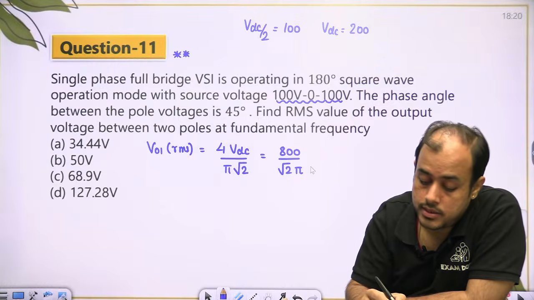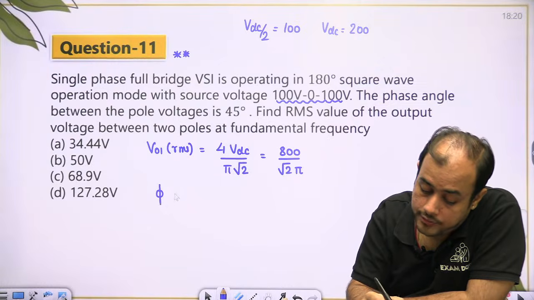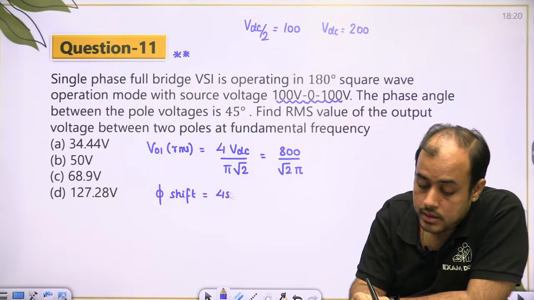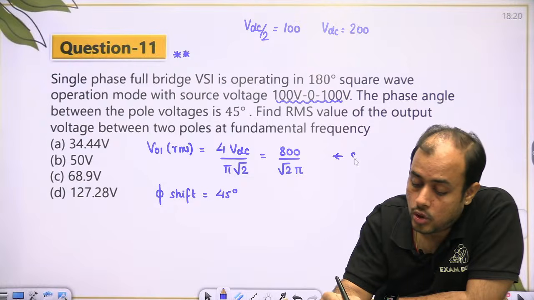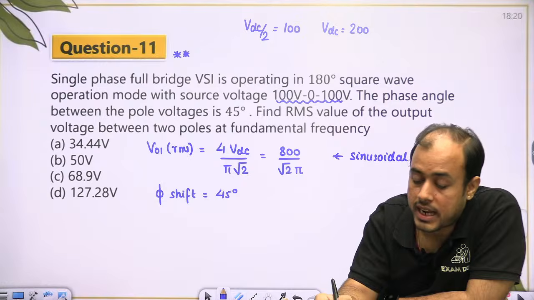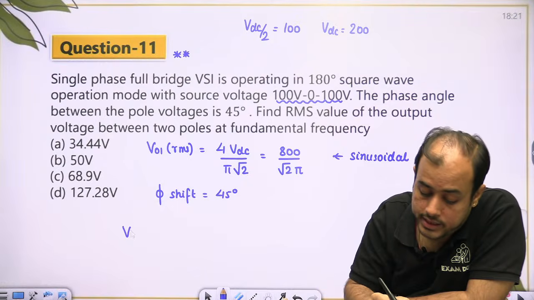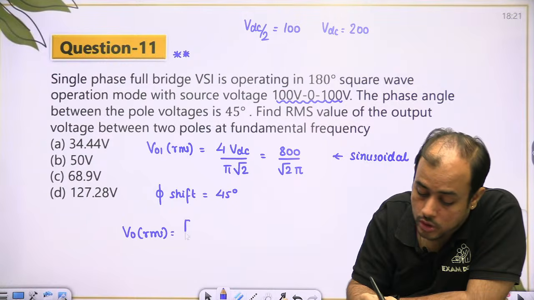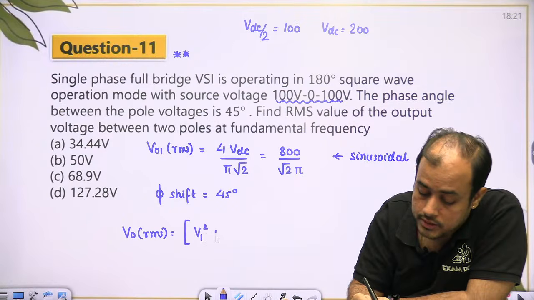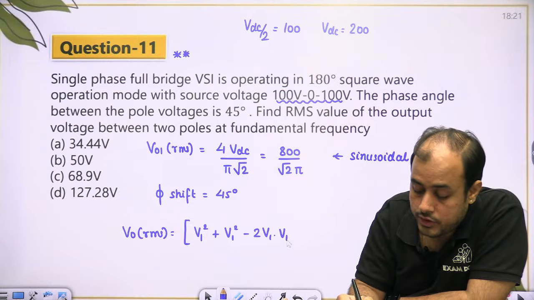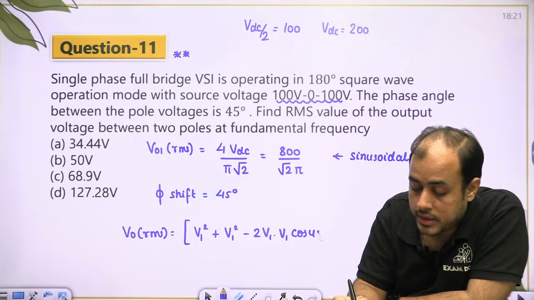This is the situation. Now, beta, the phase shift is 45. Now, fundamental is always sinusoidal. So, when we want to subtract two sinusoidal quantities, I can make use of the parallelogram law. V1 square plus V1 square minus 2 V1 V1 cos 45.